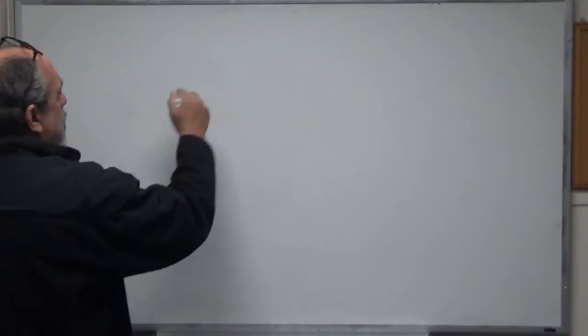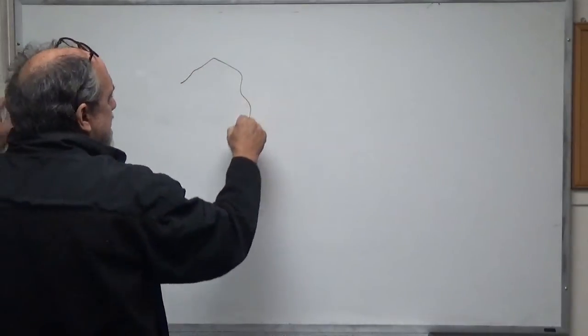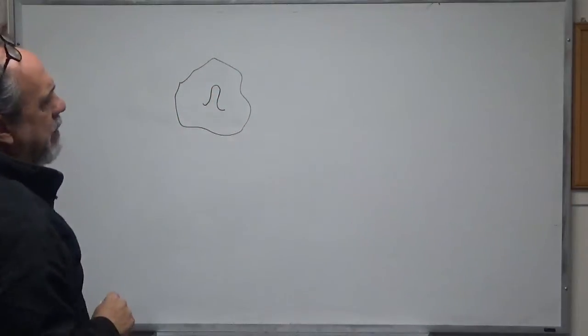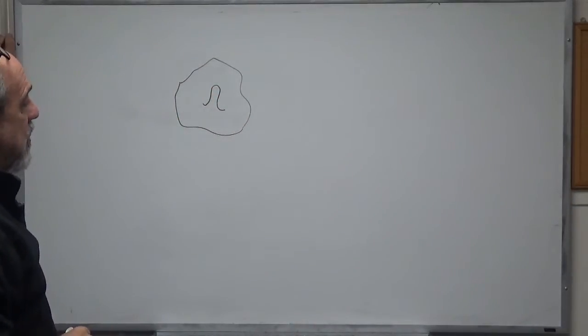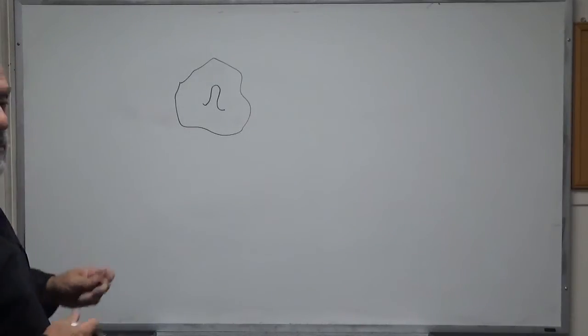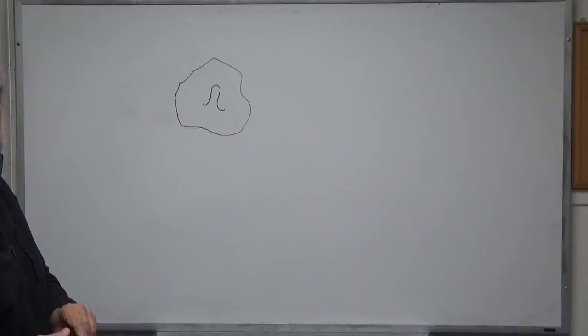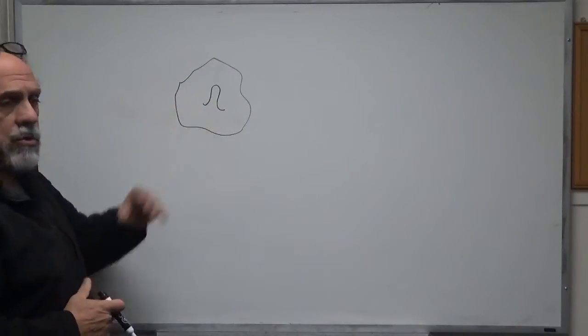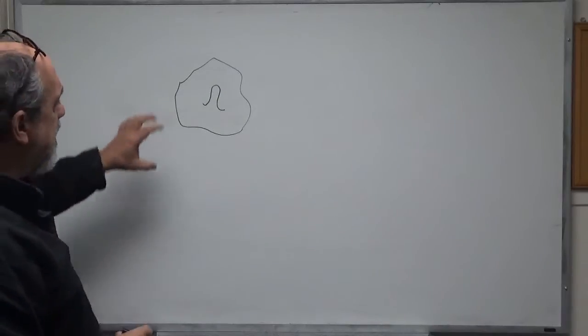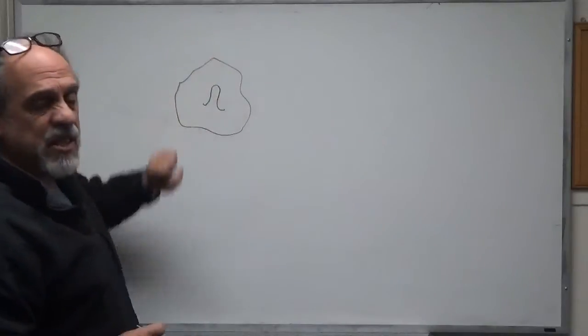So let's say that we have a generic system, which is this blob here, that I shall call capital omega. In our case, because we are in structural engineering, it's typically a structure. But in a more generic sense, this is just a system.